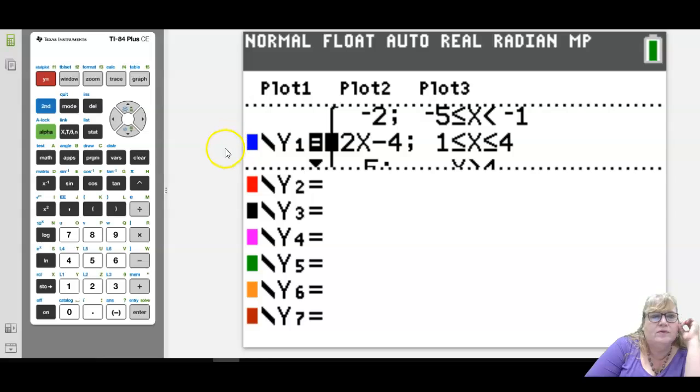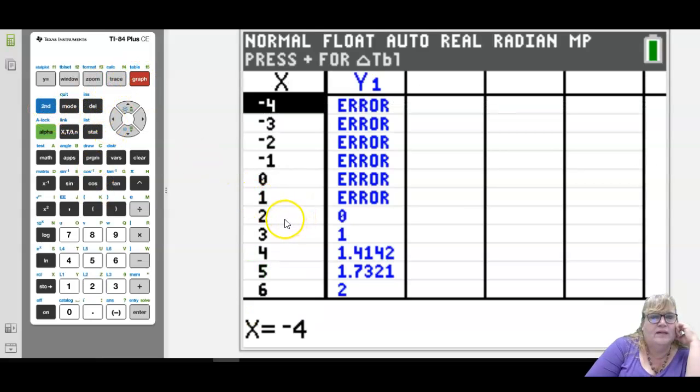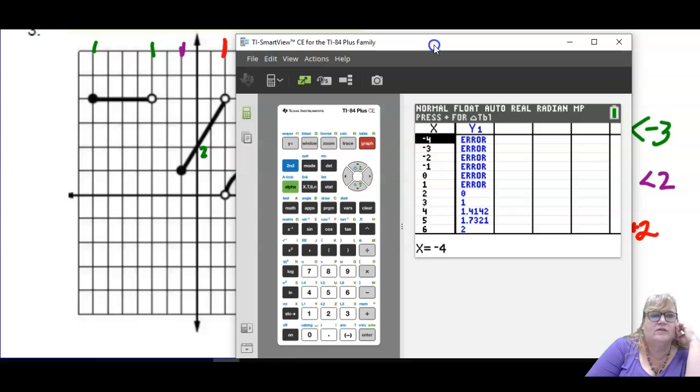I'm going to get rid of all this and just type square root of x minus 2. And then I'm going to go to my table. And it doesn't start until 2, 0, which is good. That's where mine starts.